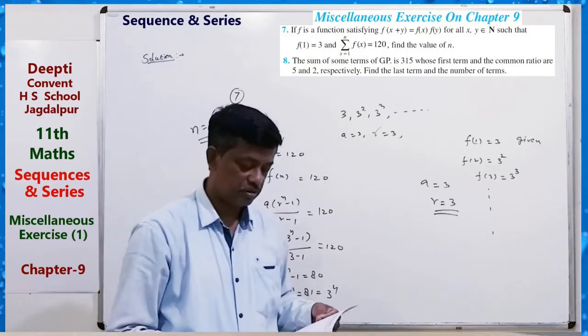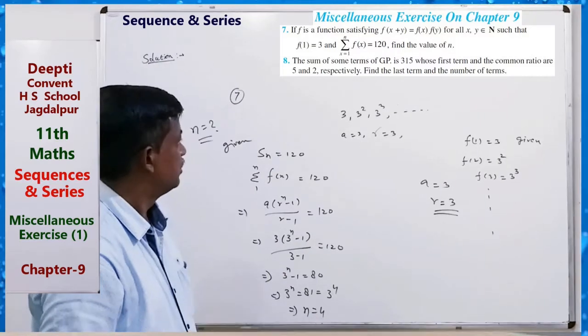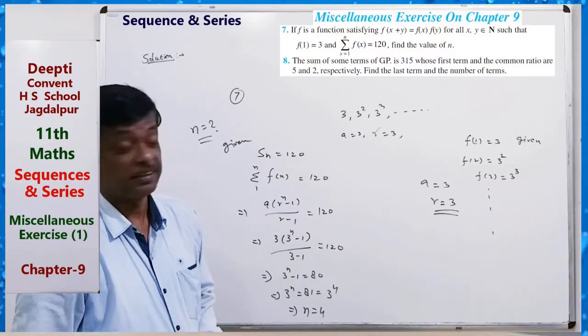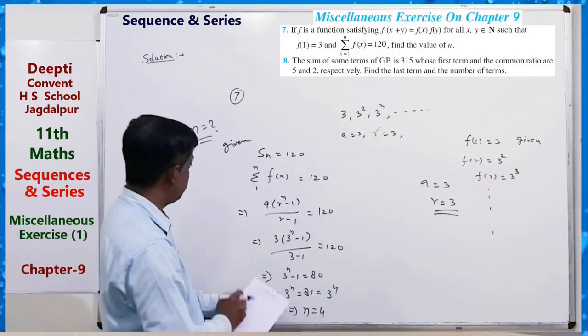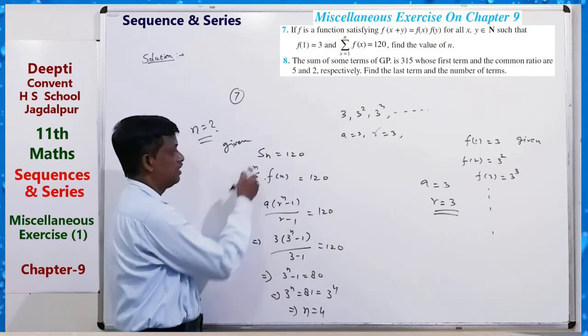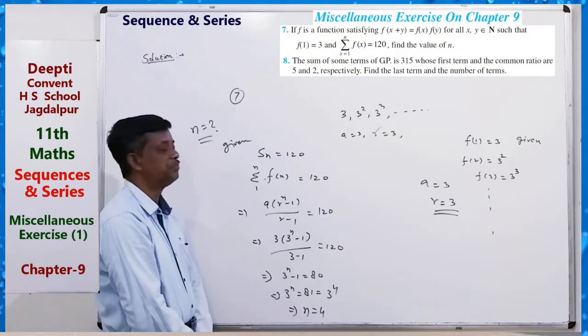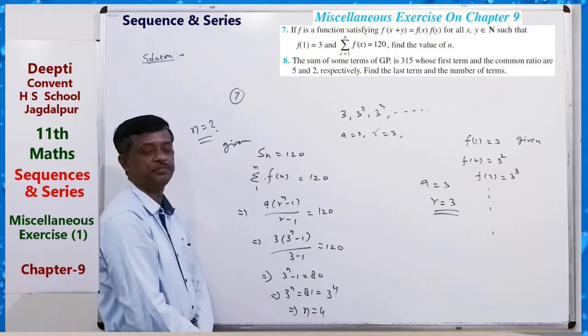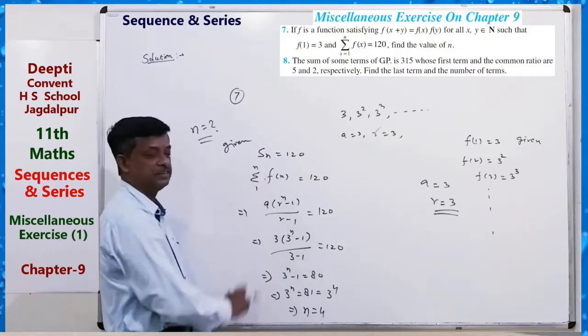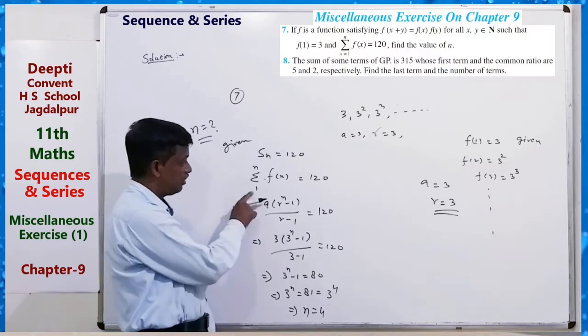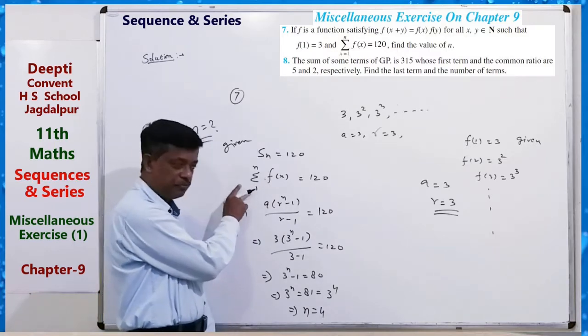Question 7. First of all, Sn is given. This means the sum of n terms, like this: F1, F2, F3, F4.